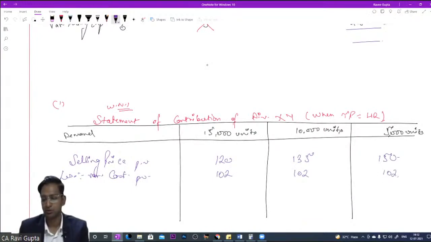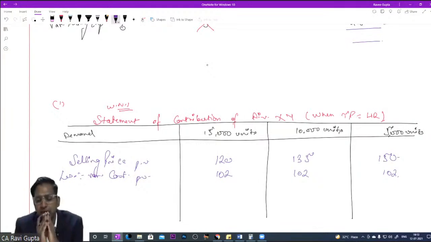102, 102, 102. Sir, why are we calculating this statement? Because we cannot simply understand that the contribution will be higher in the case of 15,000 units just because the number of units is higher. Remember this: the selling price is not the same.